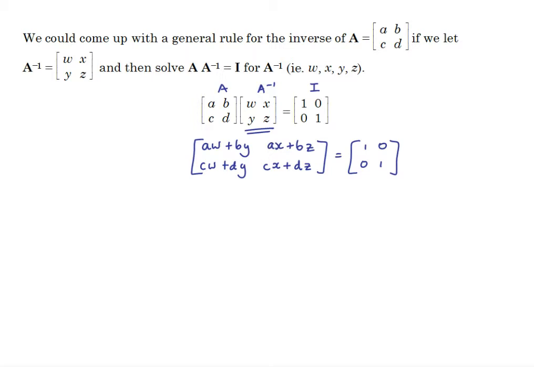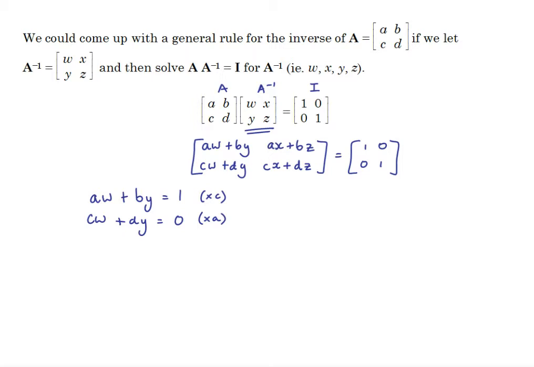So let's deal with the W's and Y's. So we've got AW plus BY equals 1, and CW plus DY equals 0. So we're going to need a common term so we can eliminate. So I'm going to multiply the top equation by C and the bottom equation by A.